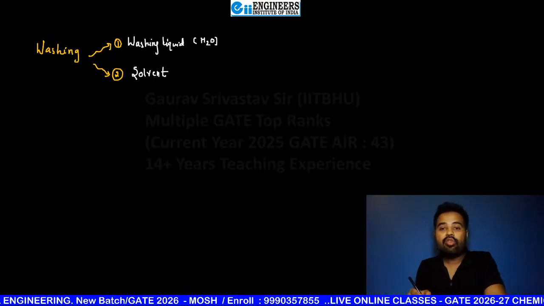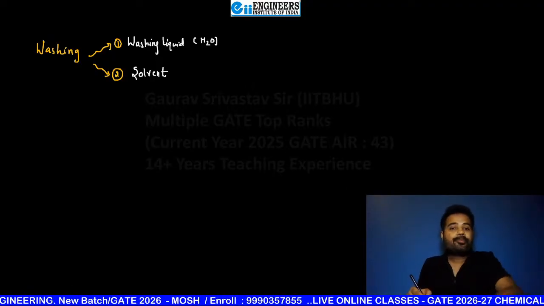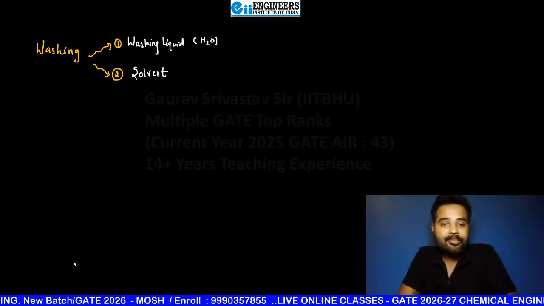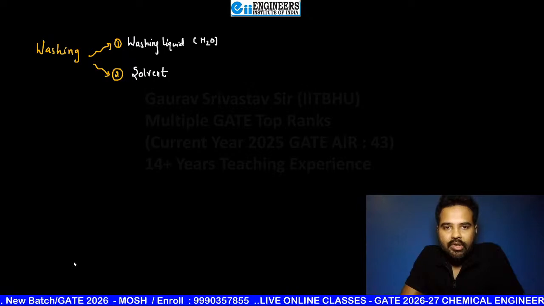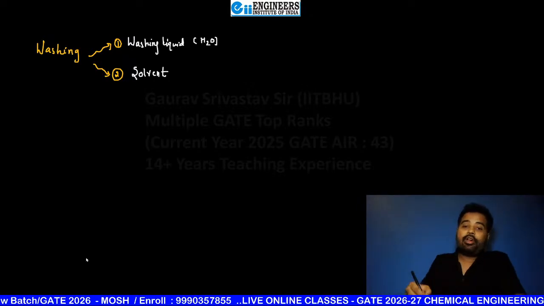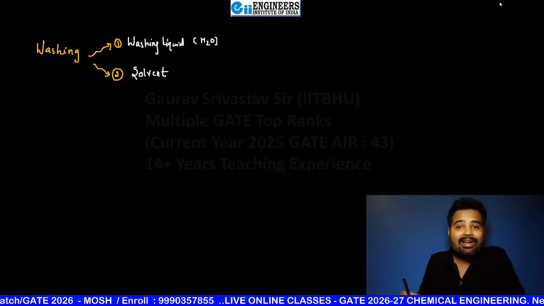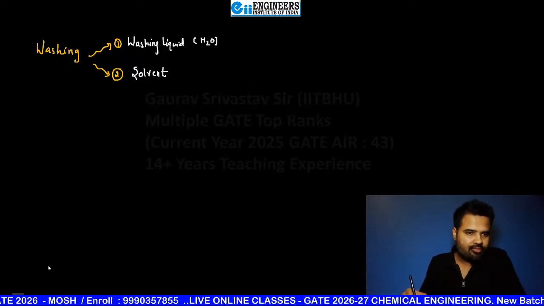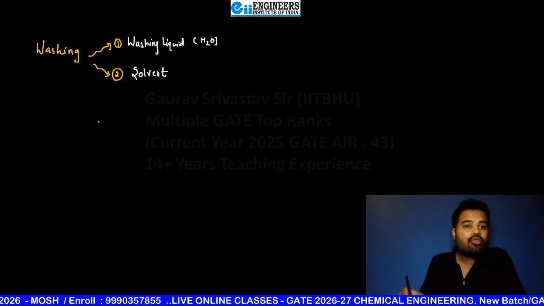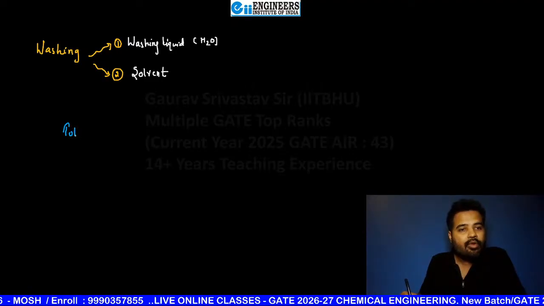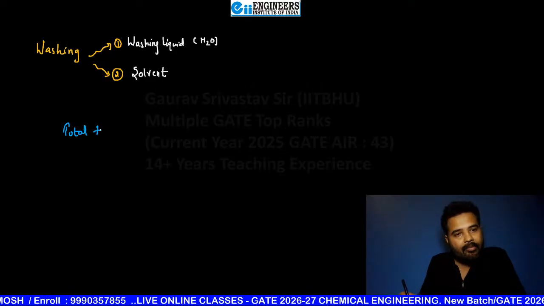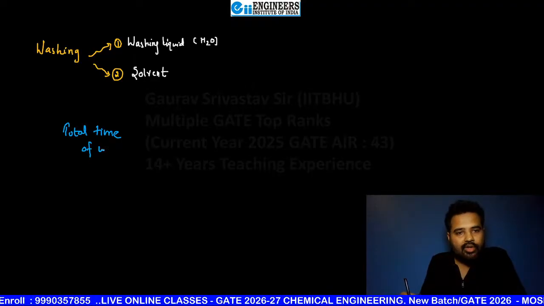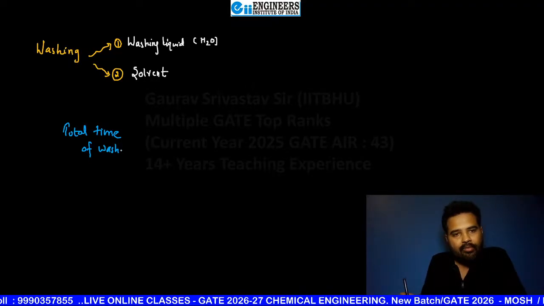Okay, so washing liquid, or either you can use solvent. Now if someone asks you what should be the value of total time of washing, then how to calculate it beta?